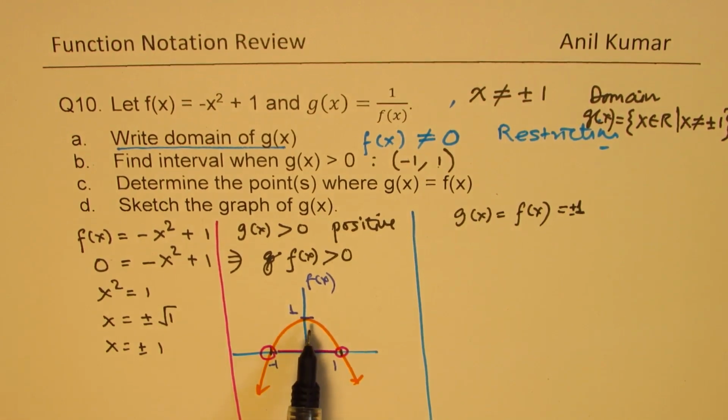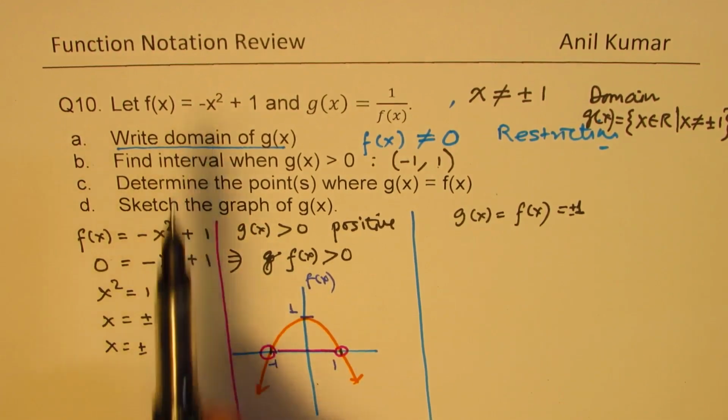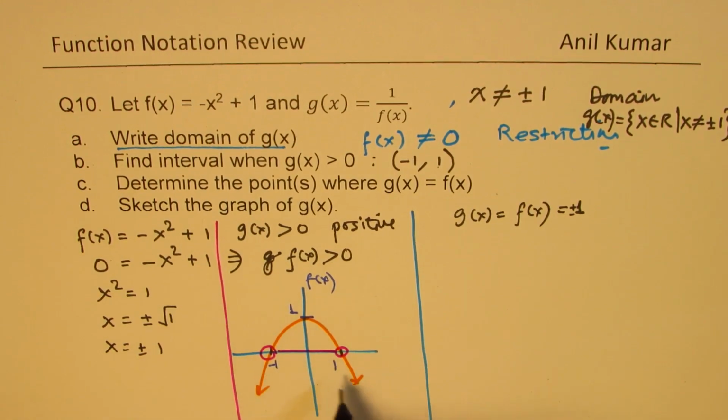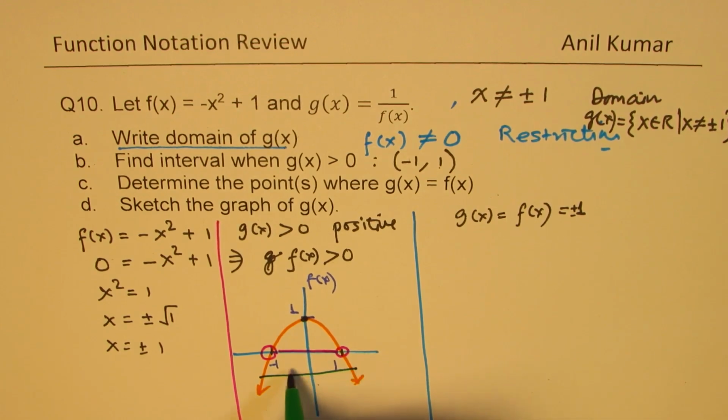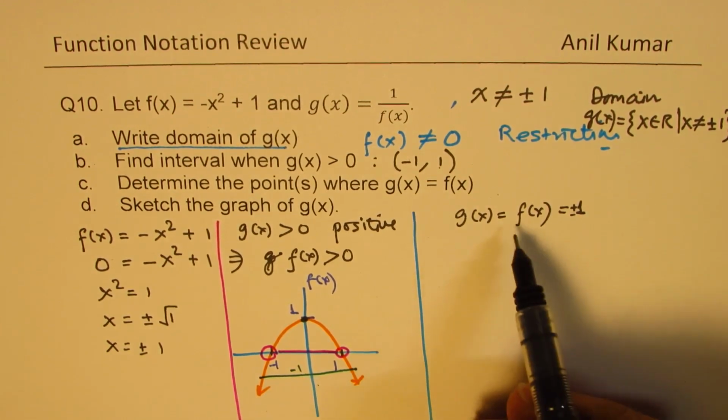So from here, we see that both are equal to 1 at x equals 0. That is one point. And when are they equal to minus 1? So somewhere here, both will be minus 1 also, right? So one point definitely is this point, right? The other point should be when both are minus 1, right? So let's figure out when the function is minus 1.